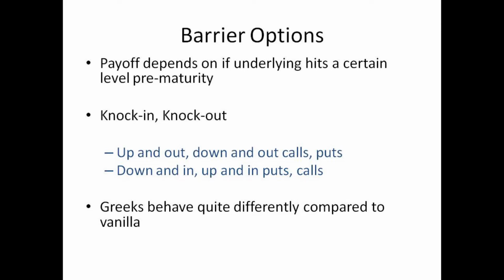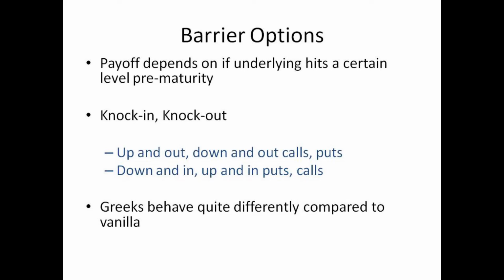Now, as you can imagine, the Greeks on barrier options are quite different to vanilla calls. So we'll say, for example, when we think about the first one we spoke about, which was a call option with a strike price of 100, that's at the money, with a knock-in at 95.